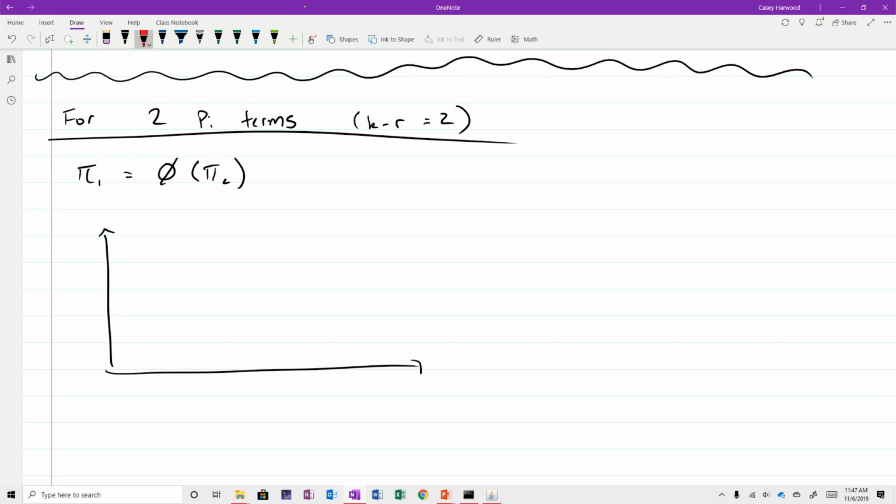The idea is that we can vary pi 2, measure experimental values of pi 1, and then fit a curve to these data. And this curve is an approximation of that functional relationship phi.